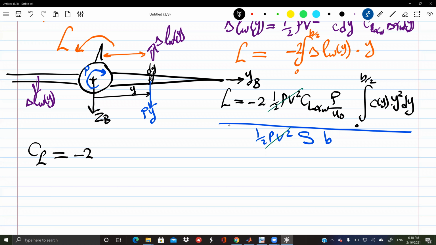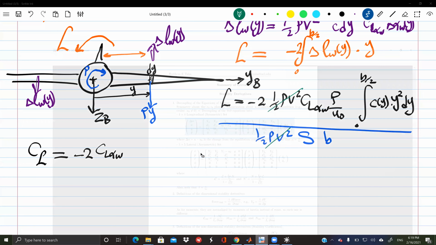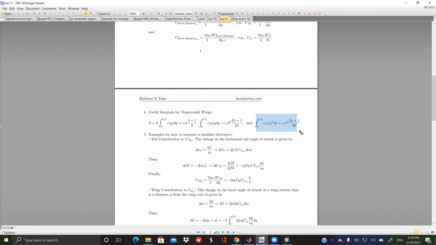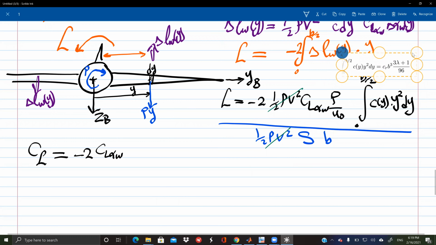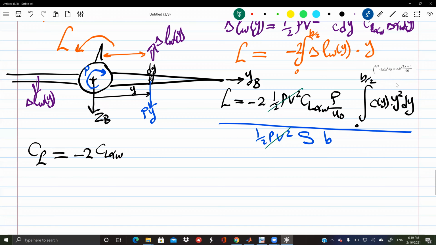We have -2 CL alpha wing and this integral, which you will find in the lecture notes: the integral of c y squared is simply c root times b cubed (3 lambda plus 1) over 96, something like that. And the area is, a little detail you're not always required to do, but if you want to finish the derivation in a clean way, c root b (lambda plus 1) over 2.